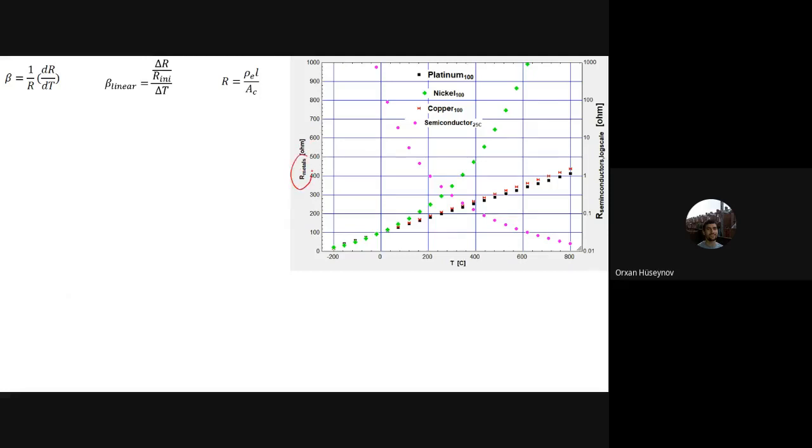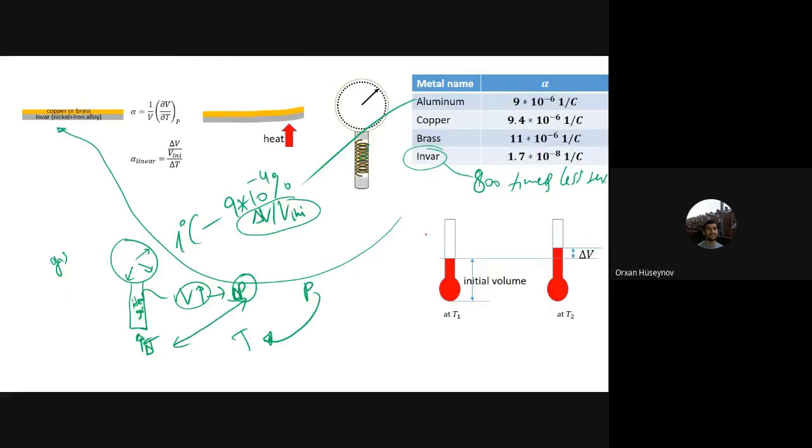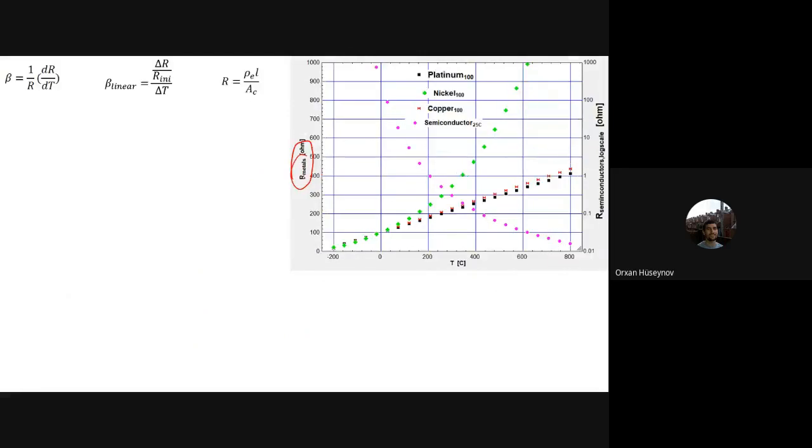And here we are using the sensitivity of the resistance. As I said, here the volume change is sensitive to temperature. Here, resistance change is sensitive to temperature. Good. Now, one thing I have forgotten here is the melting point of metals.